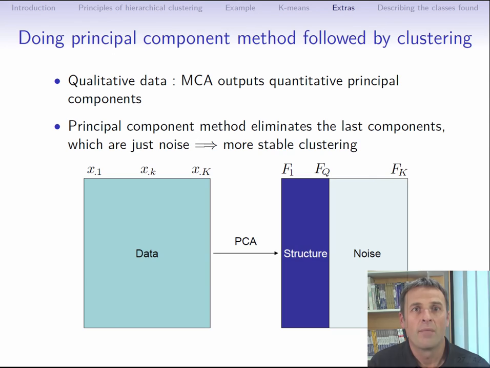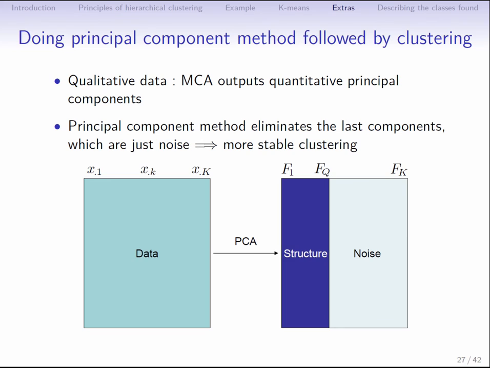Well, principal component methods, whether it be PCA or correspondence analysis or multiple correspondence analysis, tend to concentrate the useful information in the first principal components, leaving just noise in the remaining ones, random noise. Doing a principal component method before clustering is therefore a way to try and remove noise before doing clustering.